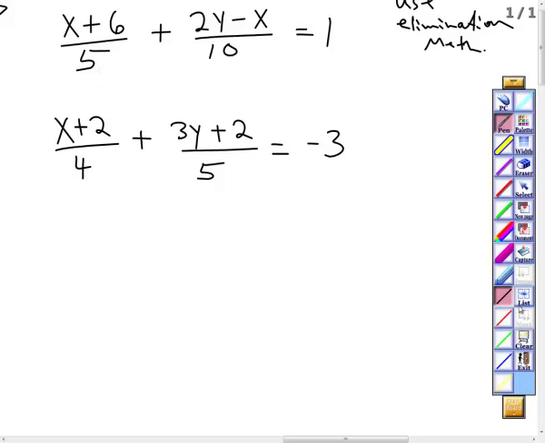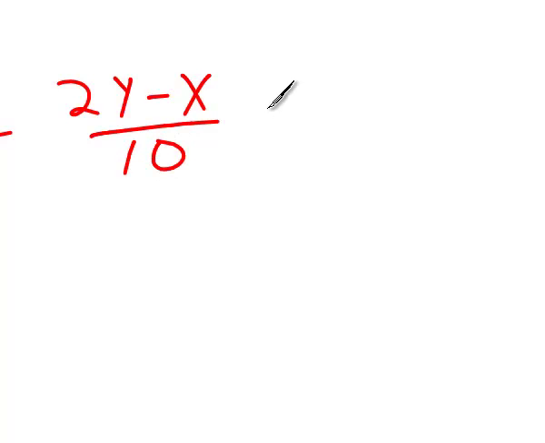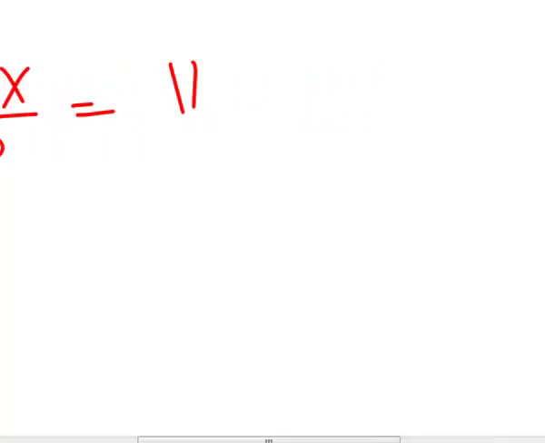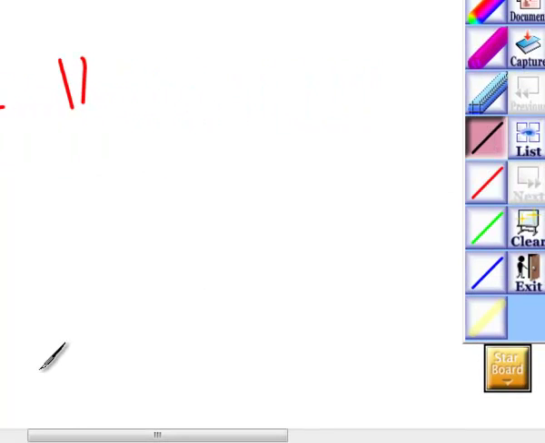So in this first one here, (x plus 6) over 5 plus (2y minus x) over 10, what can we multiply here to eliminate the denominators for this first equation?